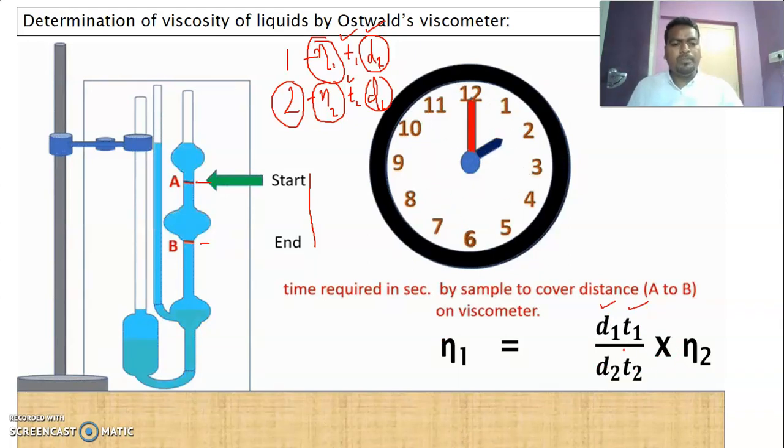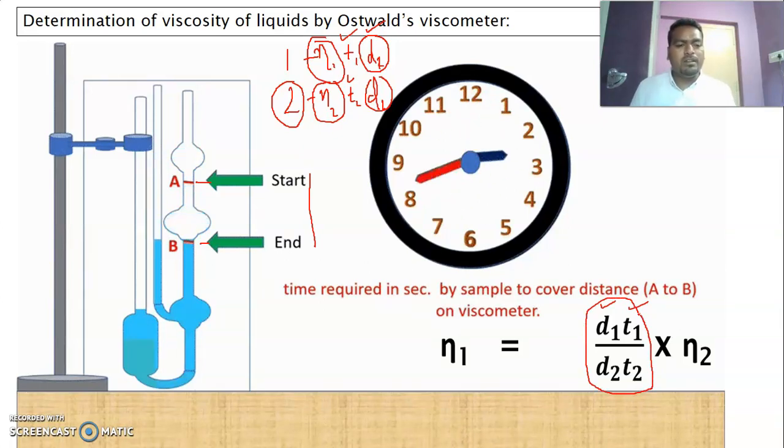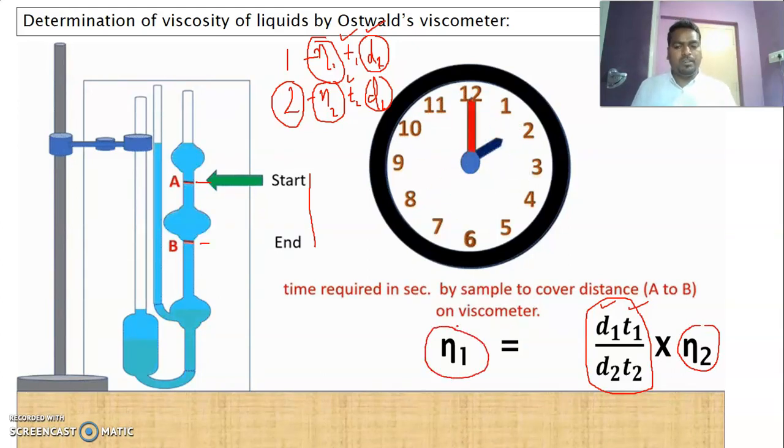So in the experimental part, we just measure d1 and t1 and d2 and t2, and eta 2 is already known. After substituting the values in this equation, you get the viscosity coefficient of the unknown liquid. This is how we measure the viscosity of a liquid.